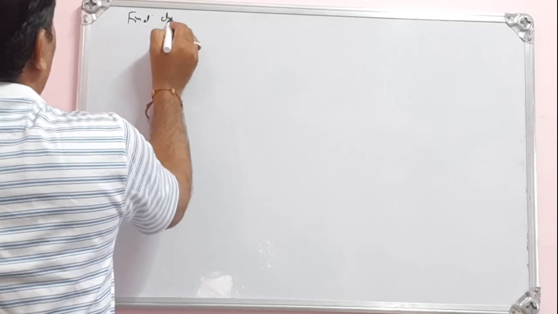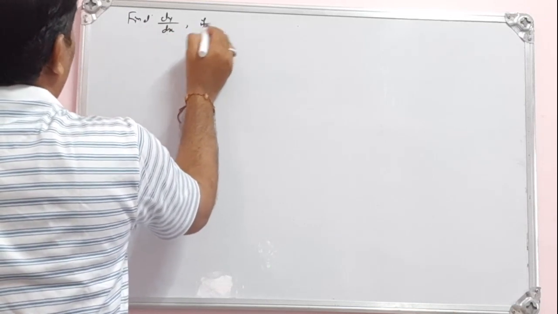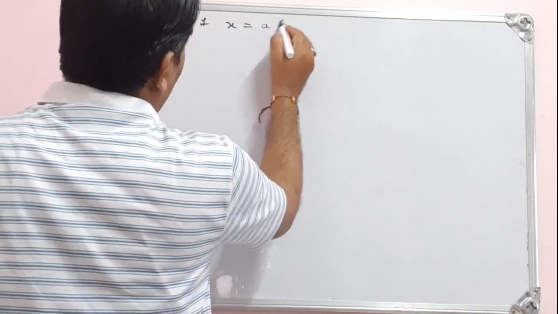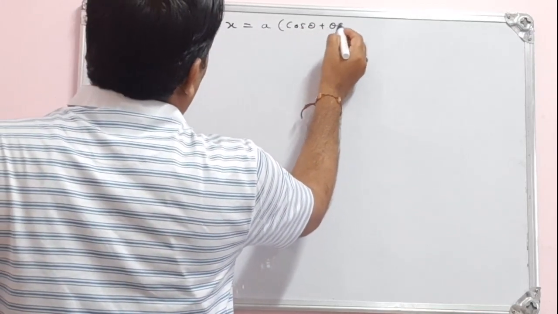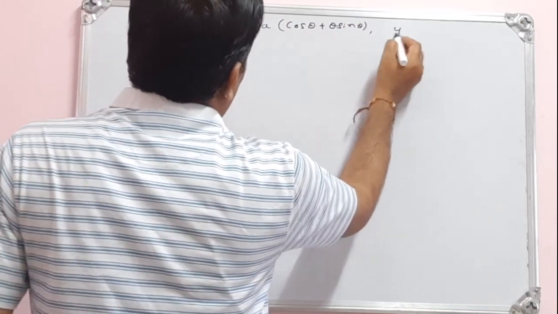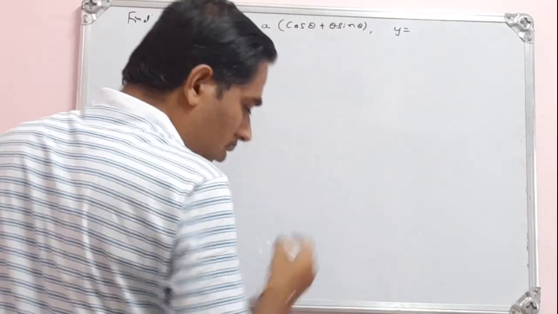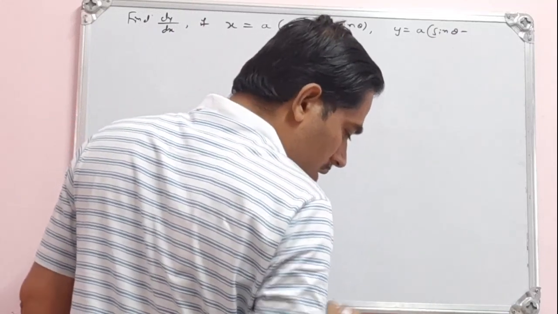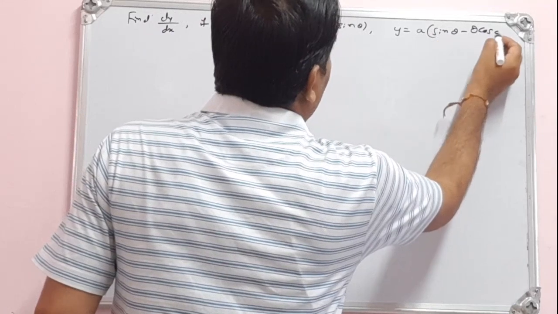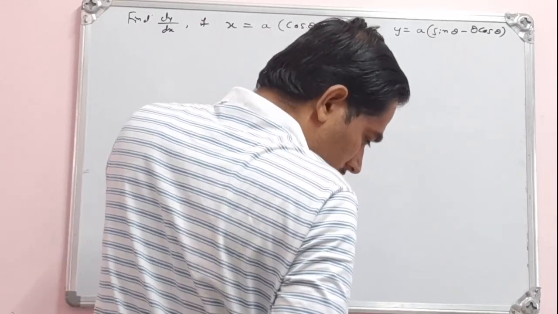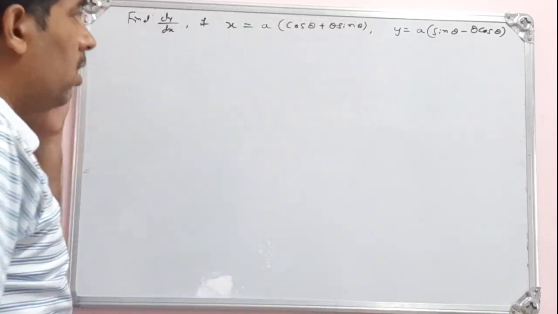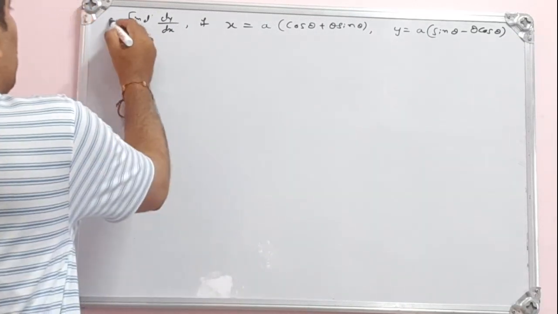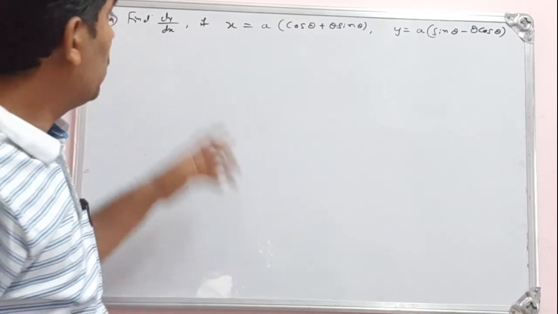Find dy by dx, if x is equal to a into cos theta plus theta sin theta, then y is equal to a into sin theta minus theta cos theta. Find dy by dx. Maybe this one is the 9th, I think the number is 9.